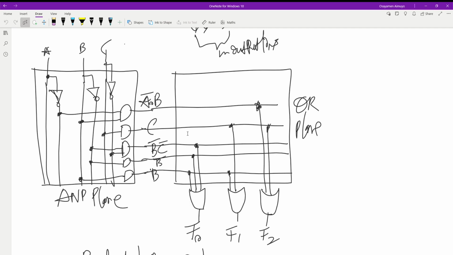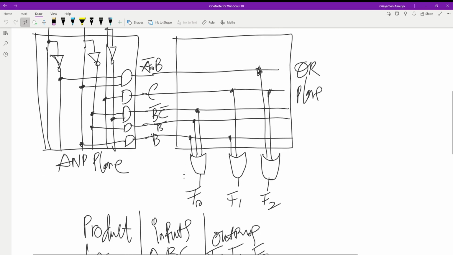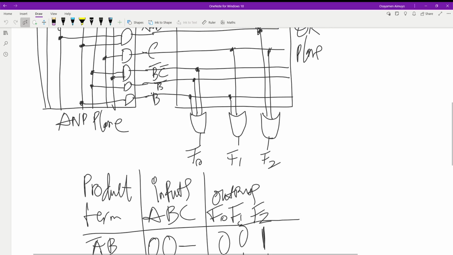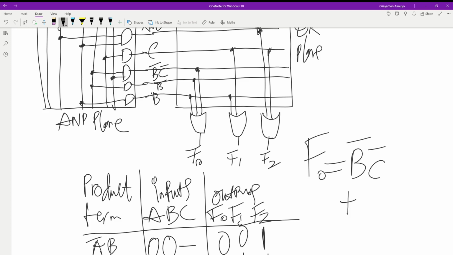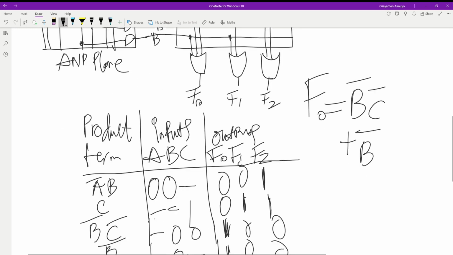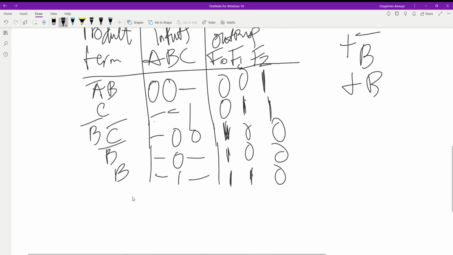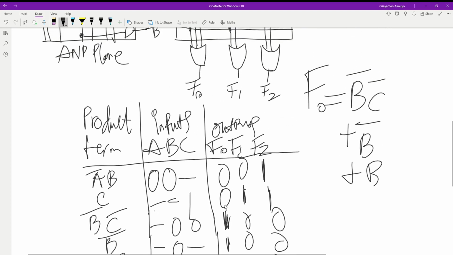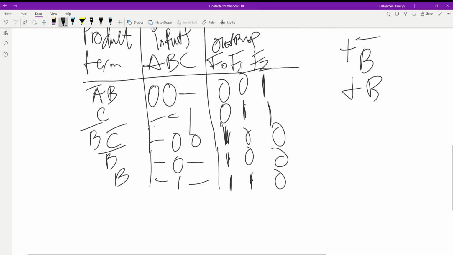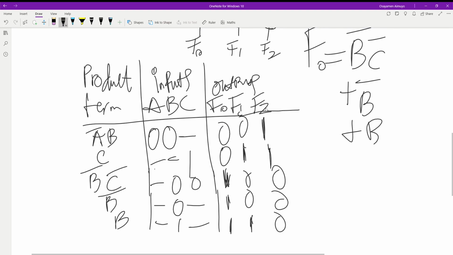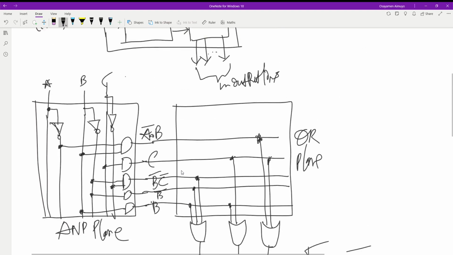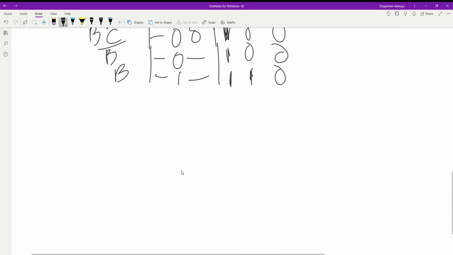So for F0, F0 equals B bar C bar, or B bar and, or B. I know this simplifies, but just forget about that for now. Okay, so you have this right here. So this is like, I would say, the quasi truth table for a programmable logic array.